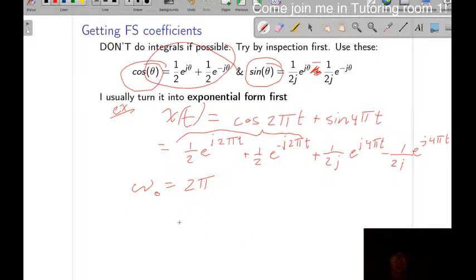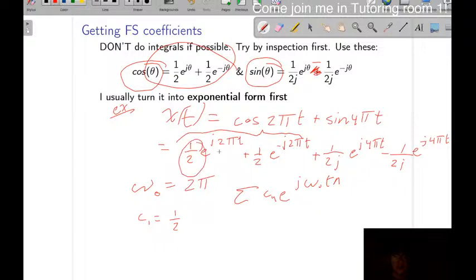So we get that, and then we can write the sum of Cn times e to the j omega 0 times t times n, a sum of complex exponentials, where Cn, so C1 is equal to 1/2.